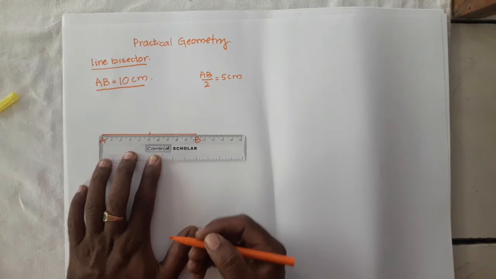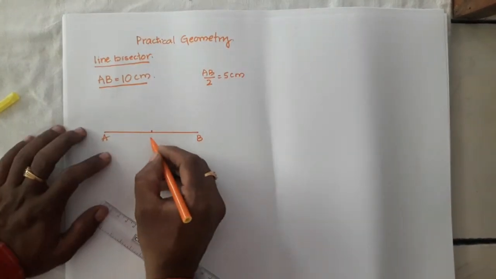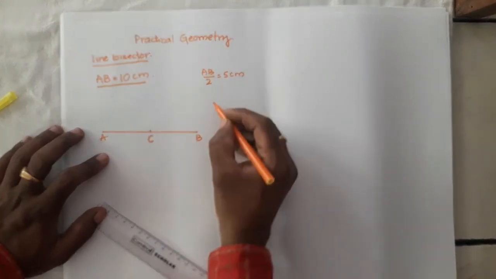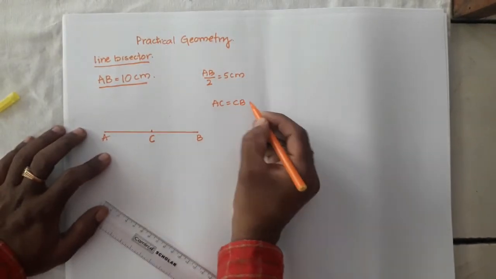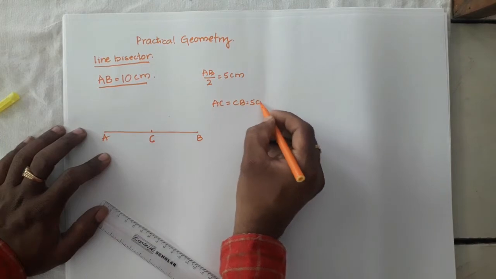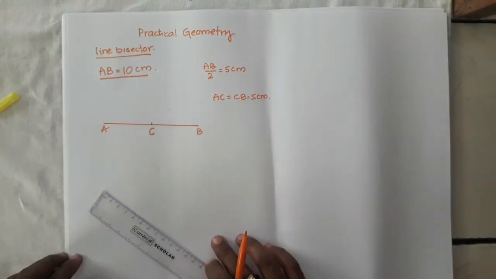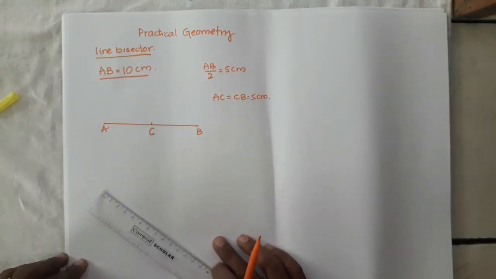So at 5 I am marking a point. Let me name this point as C. Here AC is equal to CB, that is equal to 5 centimeters. So I have drawn a bisector of the line segment AB.